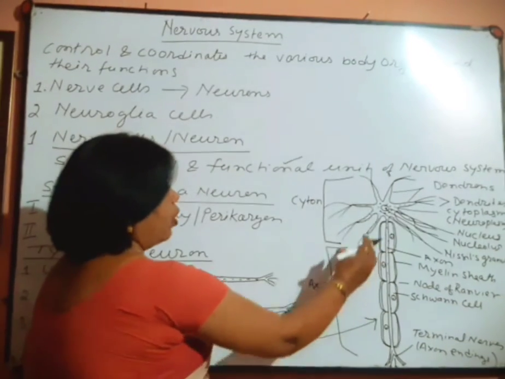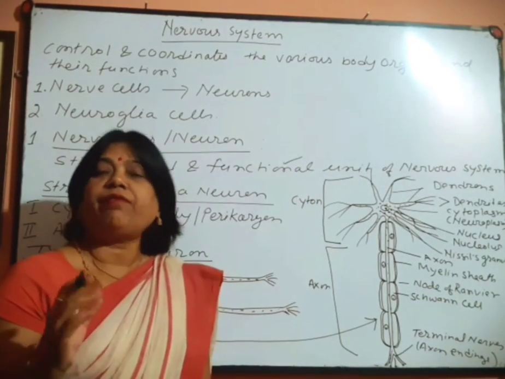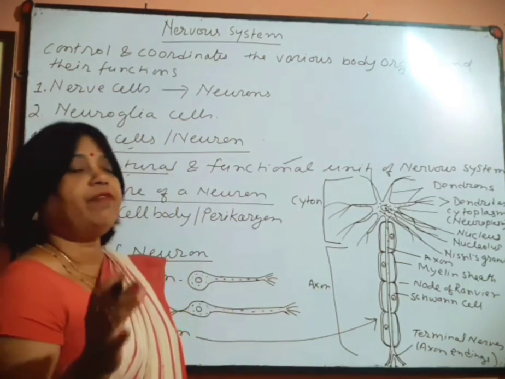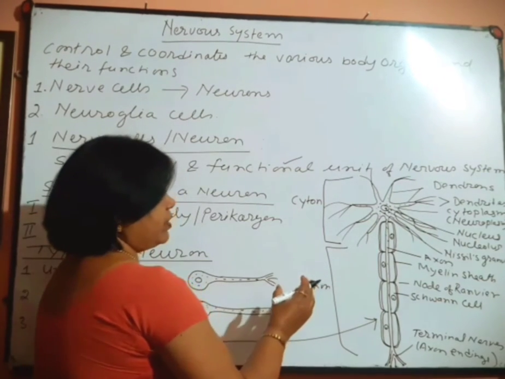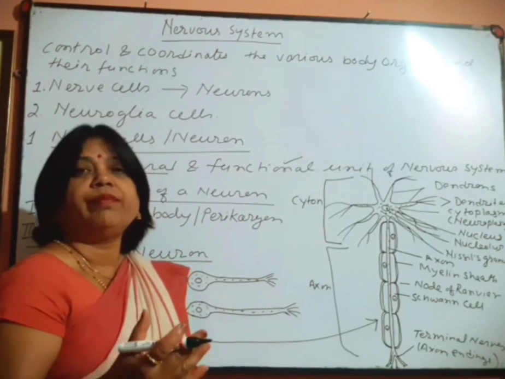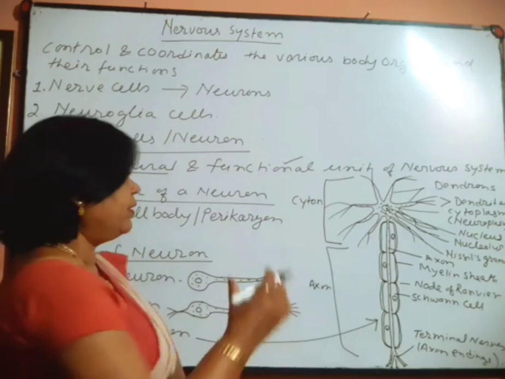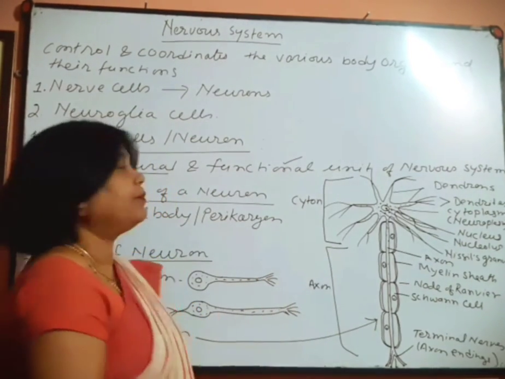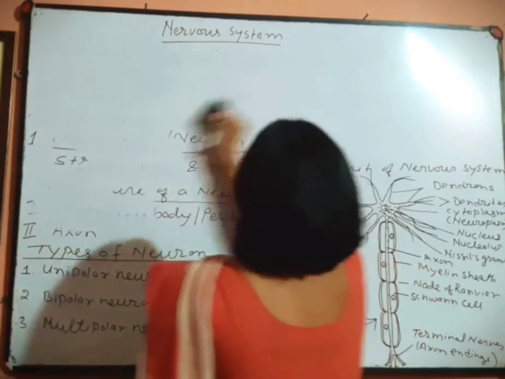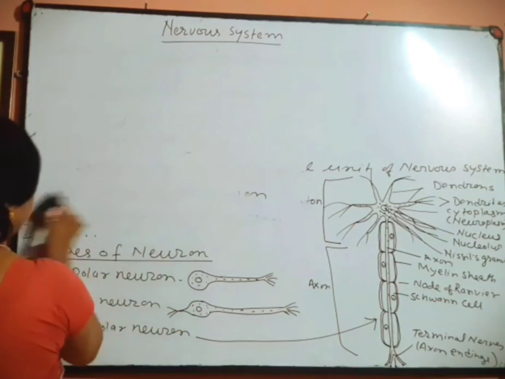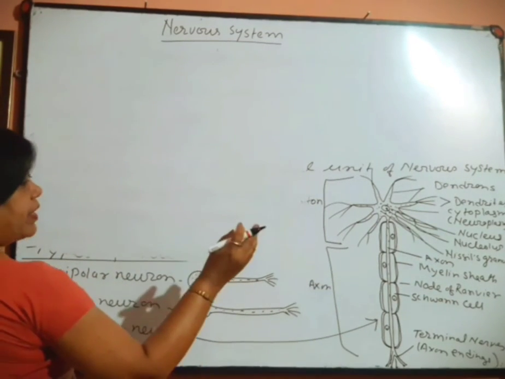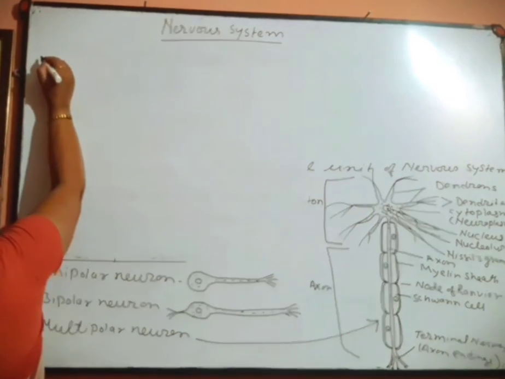The axon of the neuron is called the nerve fiber. That means the axon is also known as nerve fiber. These nerve fibers are covered by myelin sheath, but in some they are not covered by myelin sheath. So according to the presence and absence of the myelin sheath, there are two types of nerve fibers.